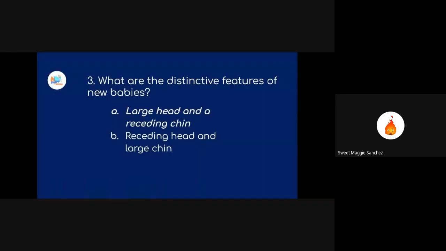Okay. Question 3. What are the distinctive features of new babies? Yes, I reversed it earlier as a trick question. The correct answer is large head and a receding chin.